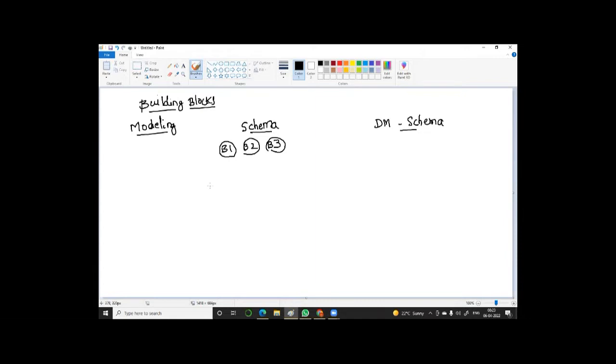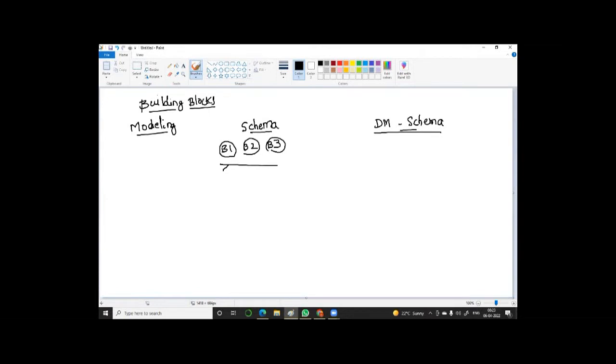Then only can you collect the data simultaneously, or we can say normalization. If any differences or redundant data are there, we will remove them in the ODS and store it there. From the ODS we do transformation and then load to the DWH. This is the schema we have studied so far. But the dimensional modeling schemas are different, which we will see.